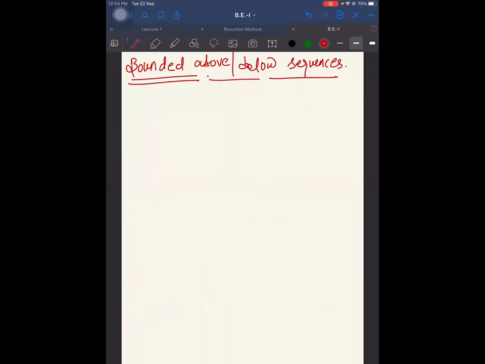Now I'm putting one more thing into that. We call it bounded above and bounded below sequences, and in other words, bounded sequences. Let's understand in a very simple way.